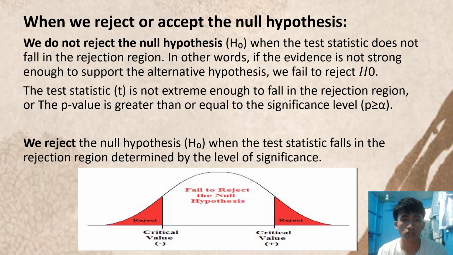The test statistic is not extreme enough to fall in the rejection region, or the p-value is greater than or equal to the significance level. So we reject the null hypothesis when the test statistic falls in the rejection region determined by the level of significance. The shaded area is the rejection region, this and this side, and the unshaded area is where we fail to reject the null hypothesis.